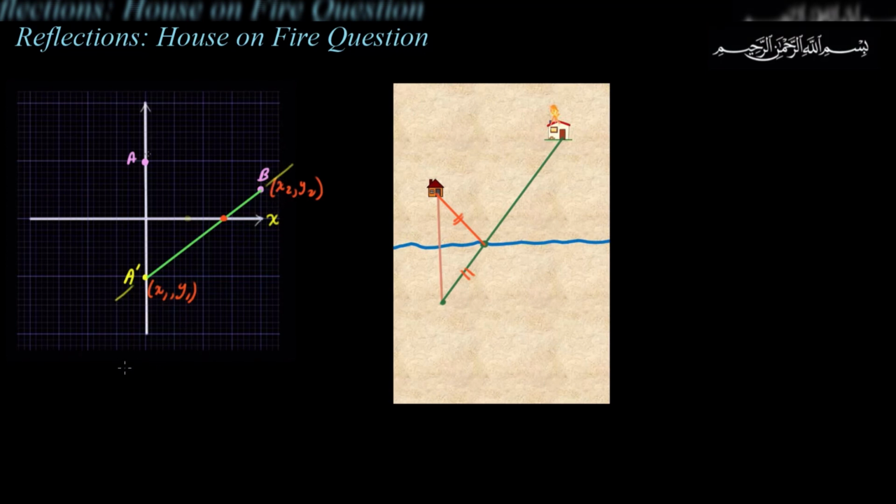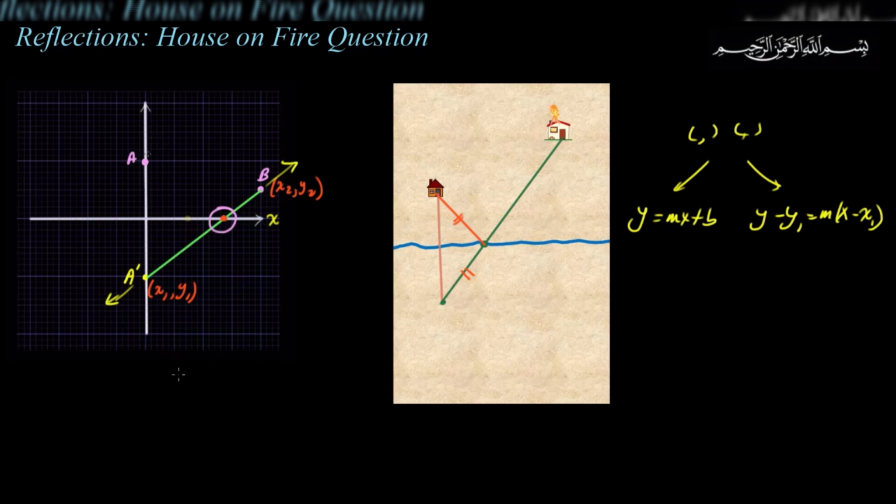Once you find the equation of that line, if you remember, if you're given two points, you can find the equation of the line either in the y equals mx plus b form, or in the point-slope form, like this, y minus y1 equals m times x minus x1. Once you find the equation of this particular line, then you can find the intersection of this line and the x-axis.